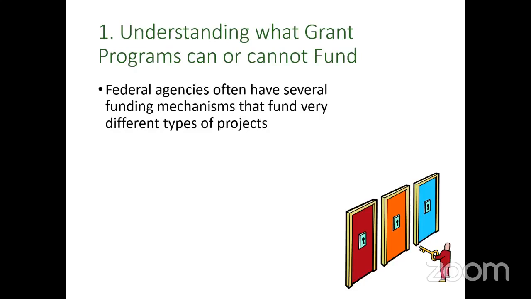every federal program is a little bit different, and y'all heard me talk about 8 of them or more today, and you could see that each one has its own little idiosyncrasies. So one requires a different level of significance. Sometimes they require match. So it's just making sure that you're understanding those parts. And federal agencies can have different funding mechanisms that fund very different types of projects.